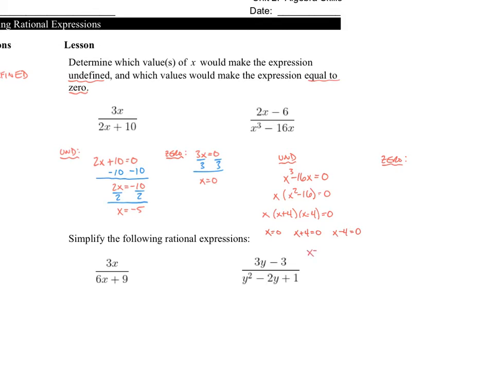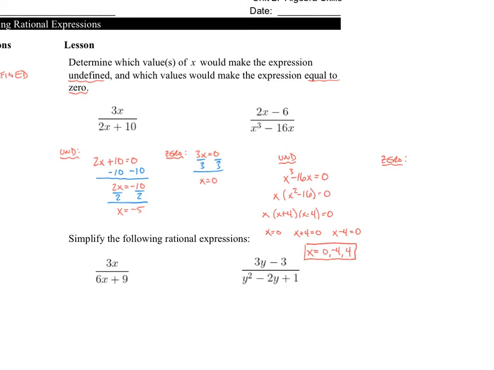So x is equal to -4, 0, and 4. And I didn't write them in ascending order just because I didn't actually write out the steps in solving these two, but I would have subtracted 4 on both sides here and added 4 on both sides there to get my solutions.